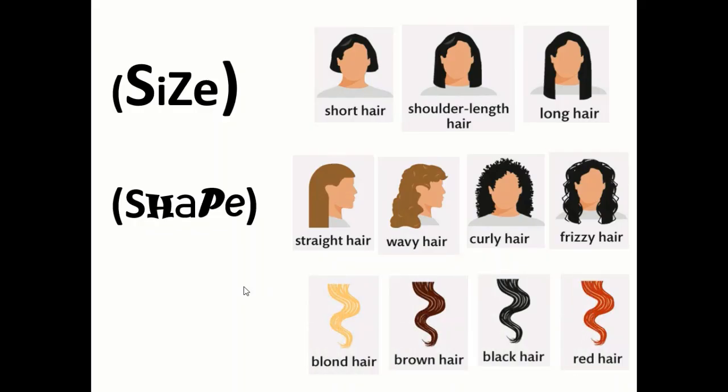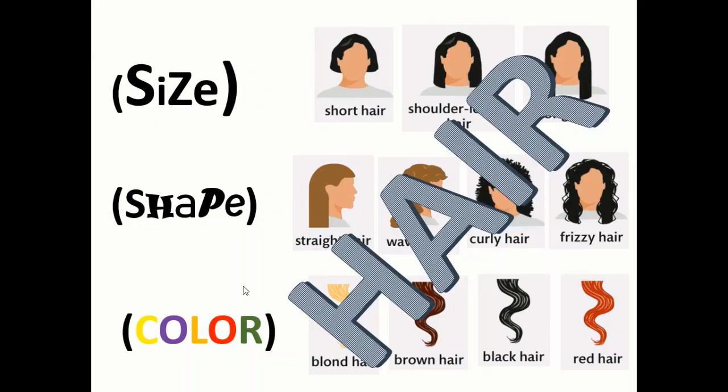Now blonde, brown, black, and red are adjectives to describe the color of the hair. Quite a bunch of vocabulary, huh? Well, these are just to describe the hair.